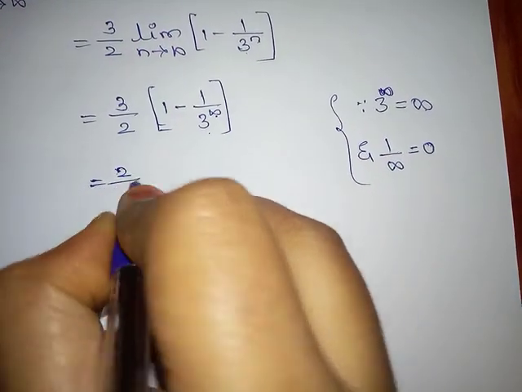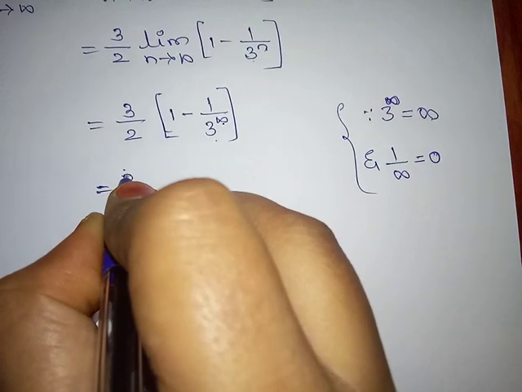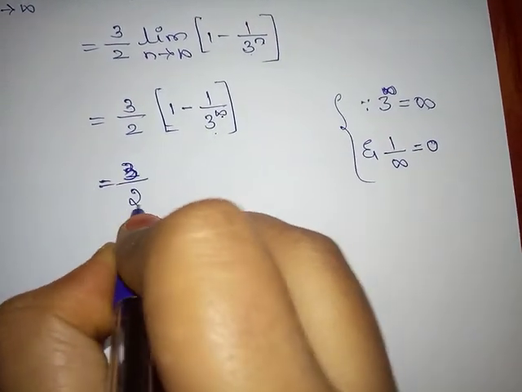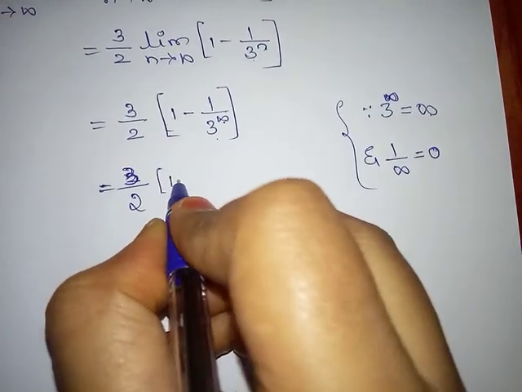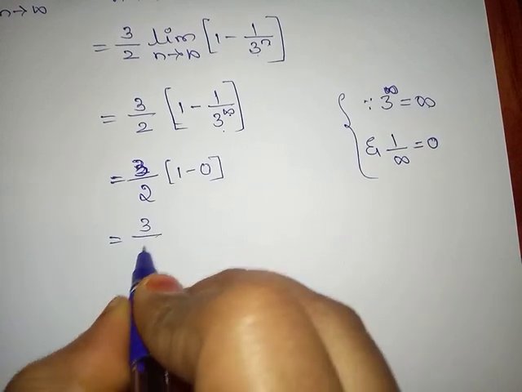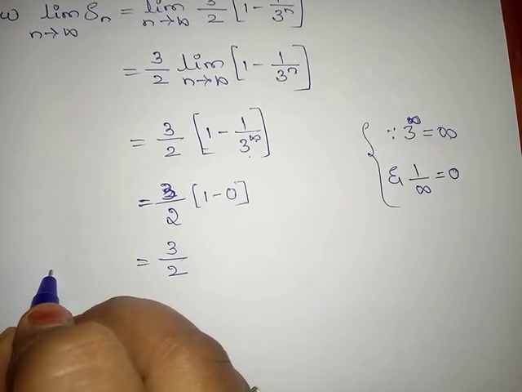Therefore it will be 3 by 2 into 1 minus 0, which is equal to 3 by 2.